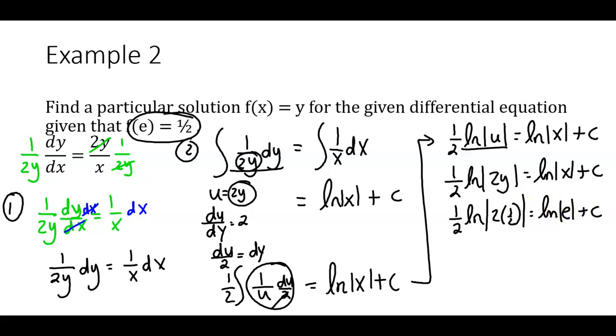So we have 1/2 ln of 2 times a half, which is 1. Ln of e is just 1. That's a good thing to memorize. Ln of e always equals 1. Another good thing to memorize is that ln of 1 is always 0. Those are two really good ones to just have memorized.